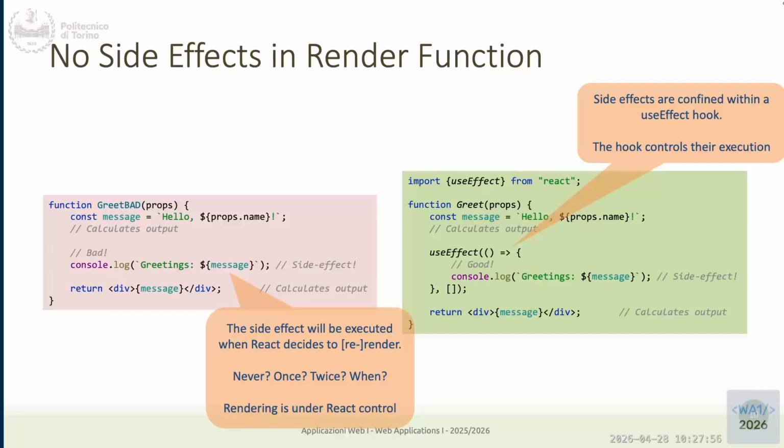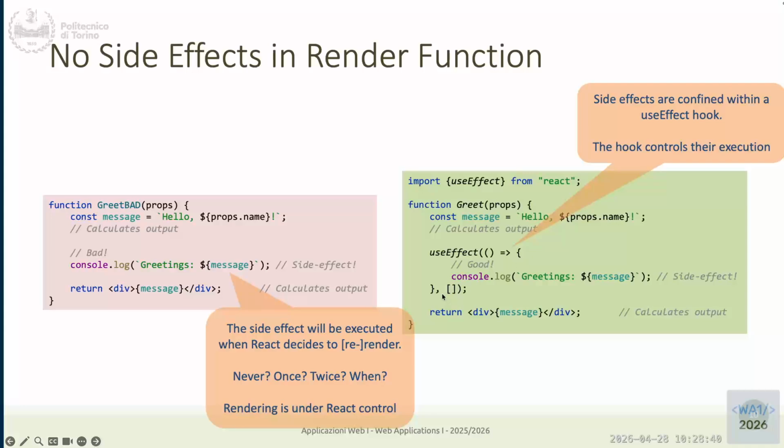Actually, there's something that we already did which technically is wrong. When we have a console.log in a component, logging into the console technically is a side effect, because it's affecting some information outside the component. It goes to the console. Okay, we didn't care, and React didn't complain about that, but actually it's a very simple example of information that goes outside and should be wrapped inside a side effect.